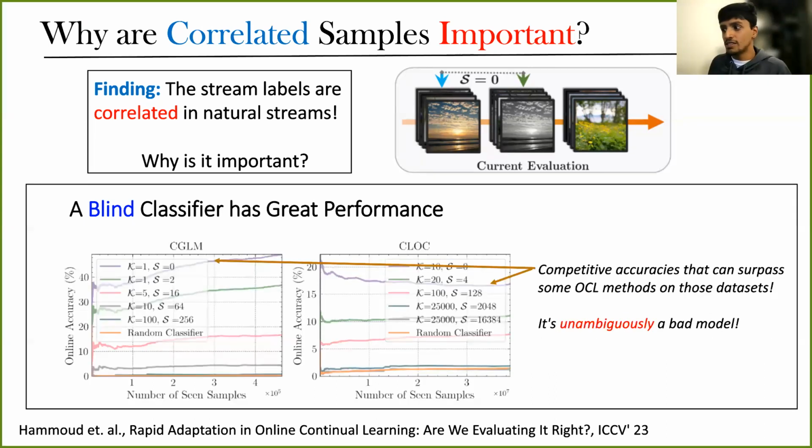This has great performance, not only in the class incremental setup, where this will be the case by design, but in natural streams. And the performance is so competitive that it surpasses some online continual learning methods on these datasets. But the blind classifier is unambiguously a bad model. It doesn't even take the images to classify the next sample.